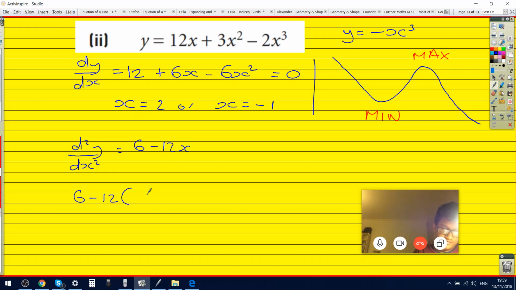Minus 12 times minus 1 plus 6 is 18, which is greater than 0.